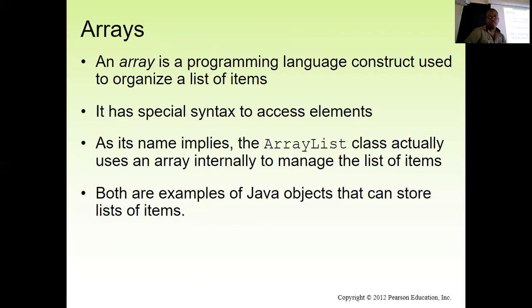It operates similarly to how we treat any other object, but it's just an object that is able to store both primitives and objects in it. Now, it has a special syntax, and the underlying implementation is really what the array list class uses. But don't worry too much about that.